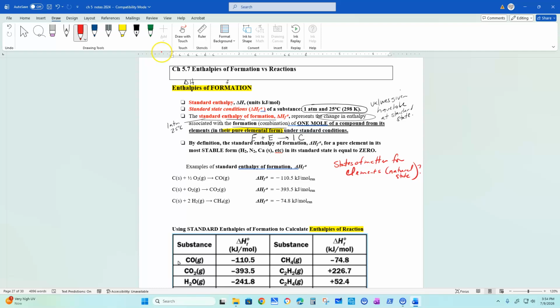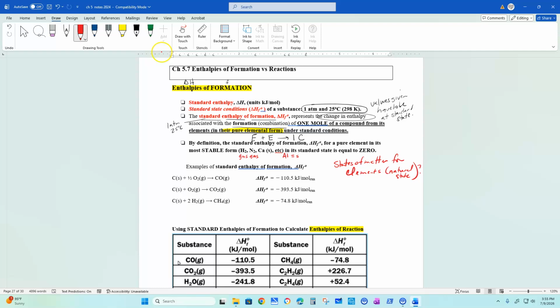So for example, carbon is naturally a solid. Oxygen, O2, naturally a gas. H2, naturally a gas. N2, gas. Calcium metal, solid. You have aluminum, solid, okay? What are their natural states of matter?